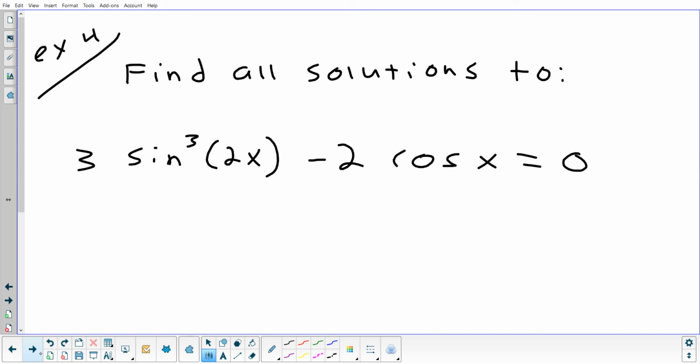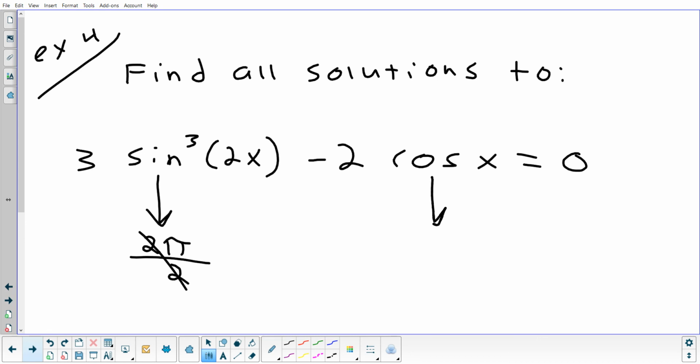But even before I get ready to use the calculator, what do I have to figure out first here, Matt? Periods? Yeah, I need periods. That's what I need first. What's the formula to find the period of sine cubed? Sarah? 2 pi over b. And what's b in this case? 2. So the period of sine cubed, it's going to cycle every pi units.